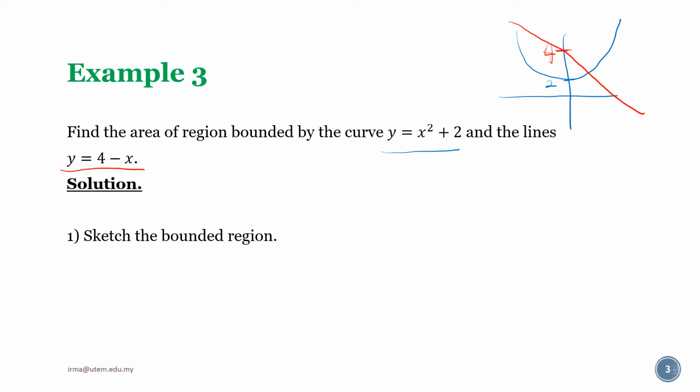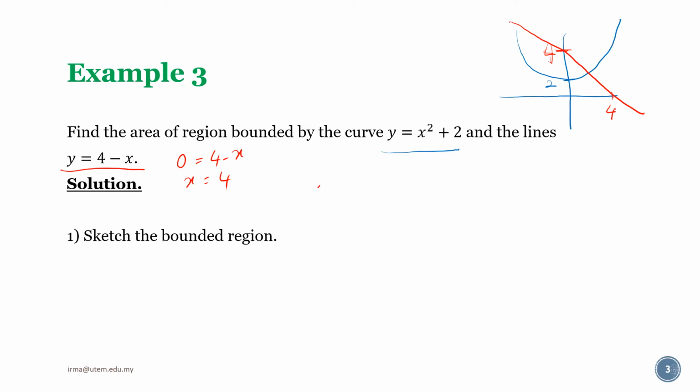What is the value over here? It's actually 4 also, right? Because here we have y equal to 0, so 0 equals 4 minus x, so x equals 4.